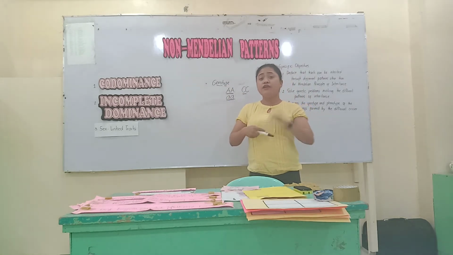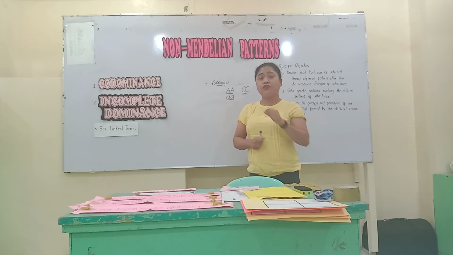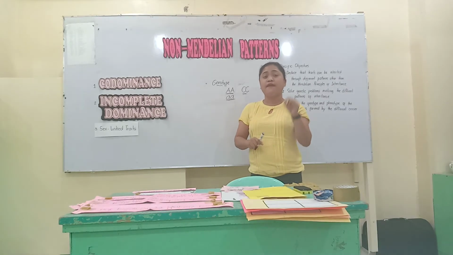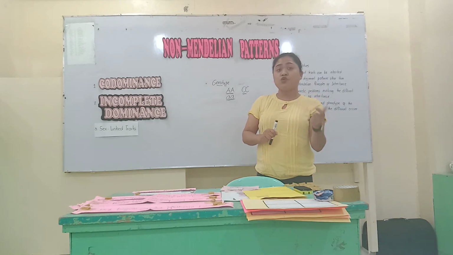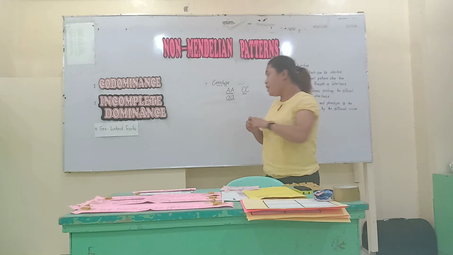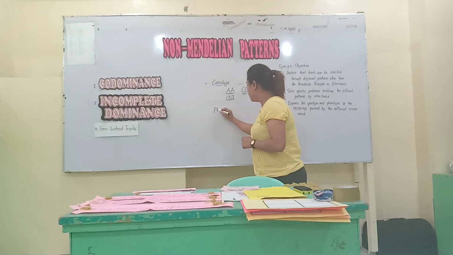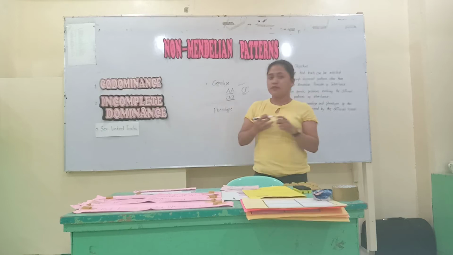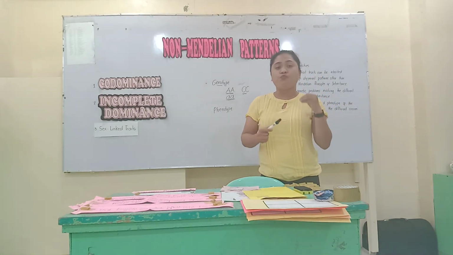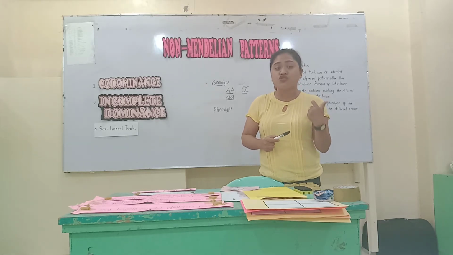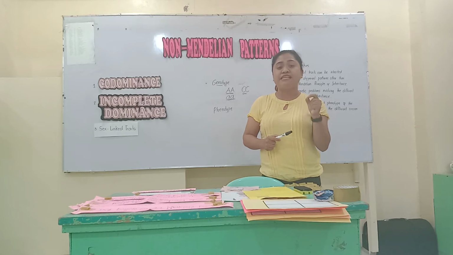Another word that we will see later on in our discussion is the word phenotype. What is phenotype? Phenotype covers the organism's morphology or physical form and structure as well as the physiological properties.